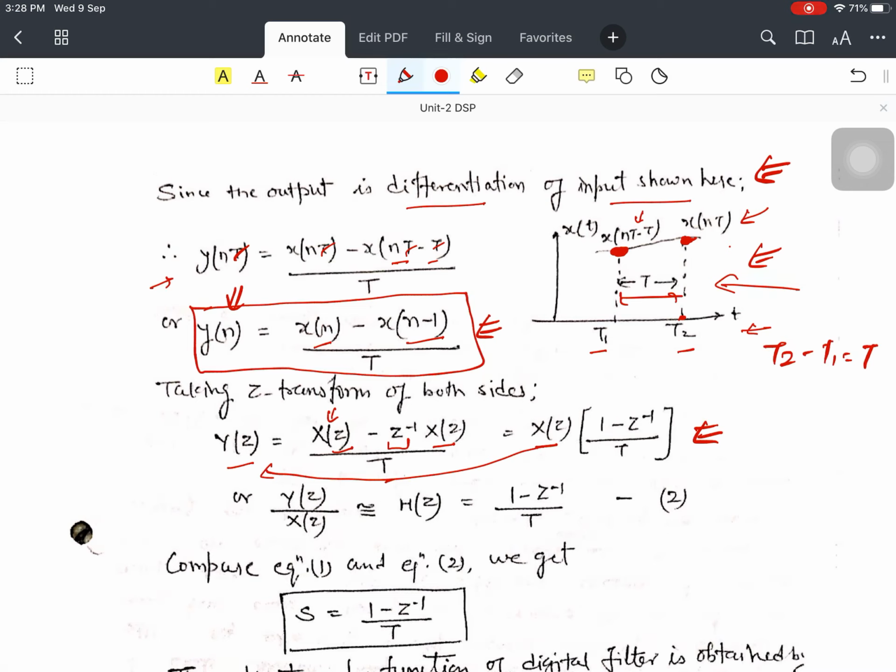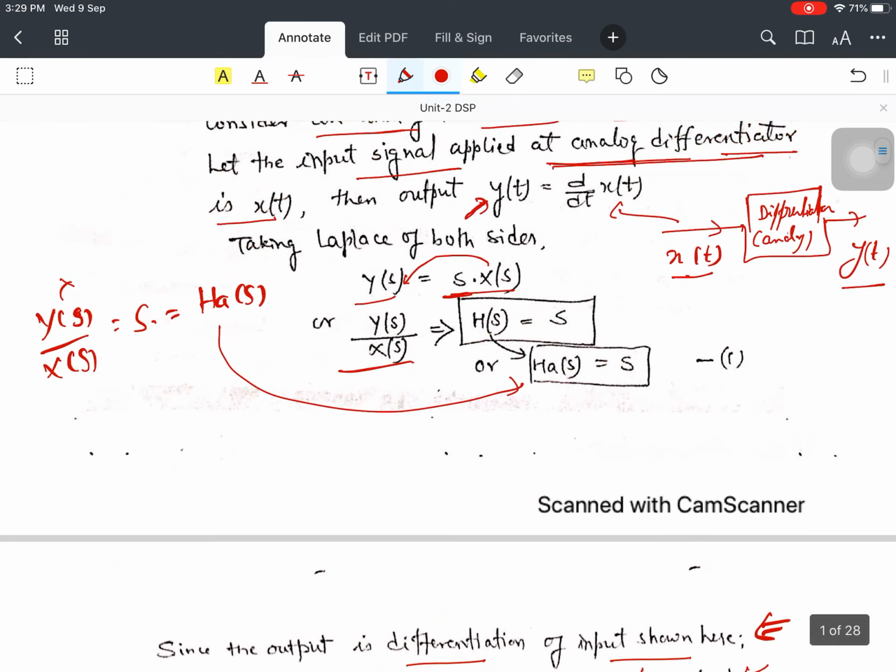So according to this equation, Y(z) upon X(z) will be this value, and Y(z) upon X(z) is basically your H(z). Okay, and H(z) equal to 1 minus z inverse by T. So from equation 2 you are finding out this H(z) equal to 1 minus z inverse upon T. And for equation 1 you are finding out H(s) equal to s.